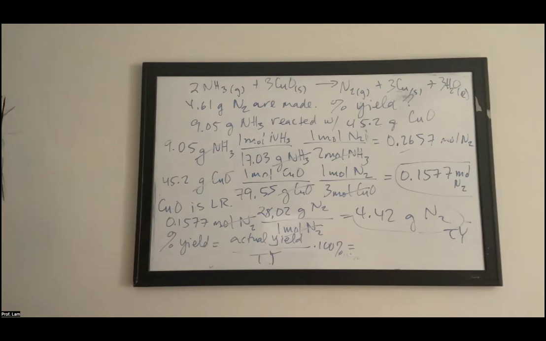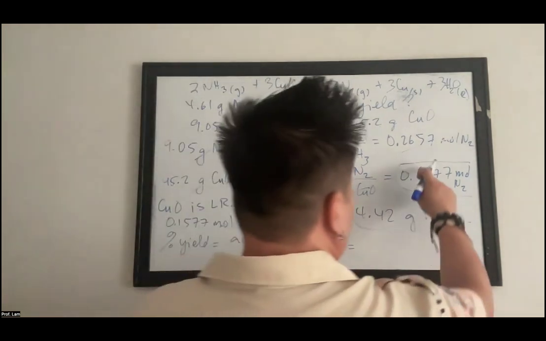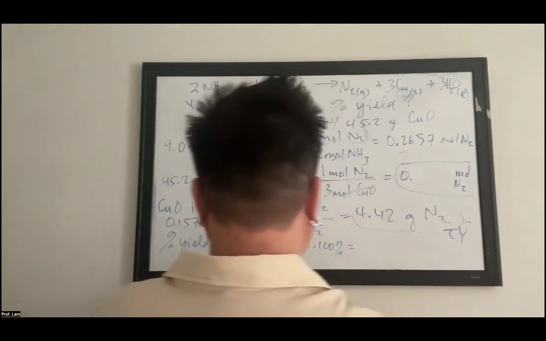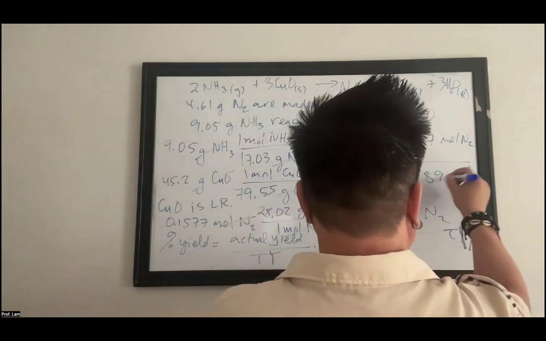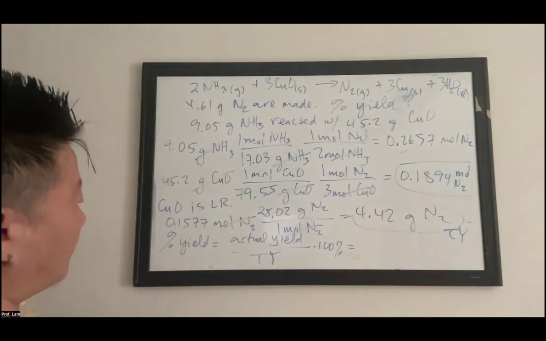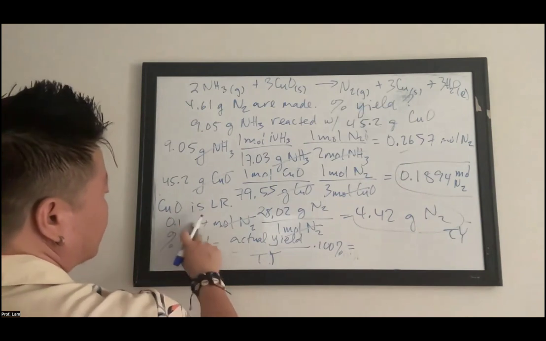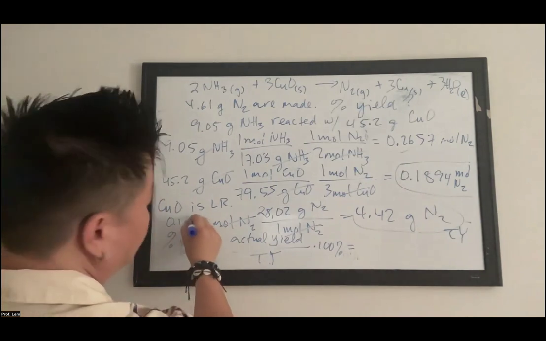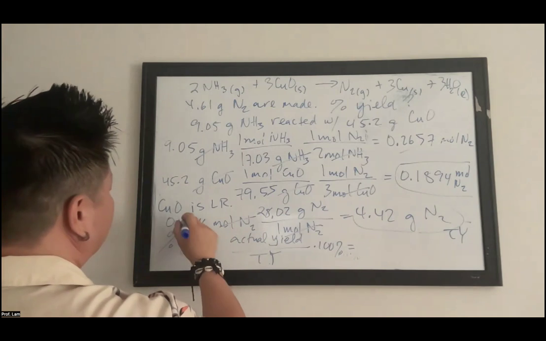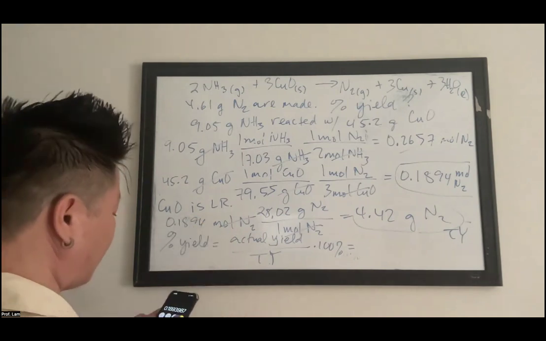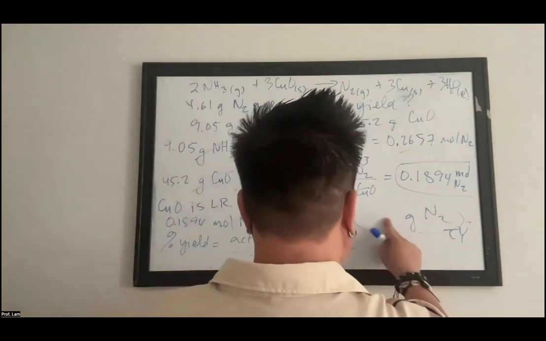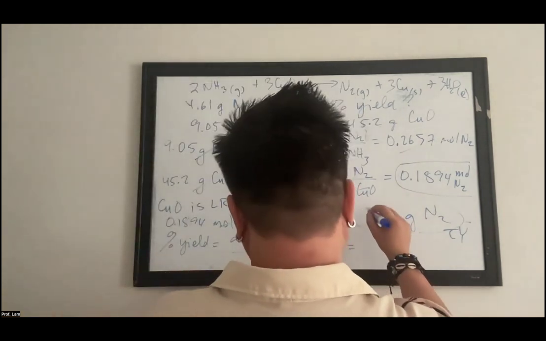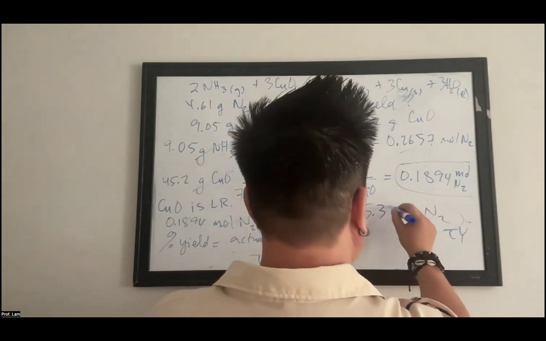So that's gonna change my mole number here. Okay, so that'll change this. So my actual yield or my theoretical yield is now 5.31.